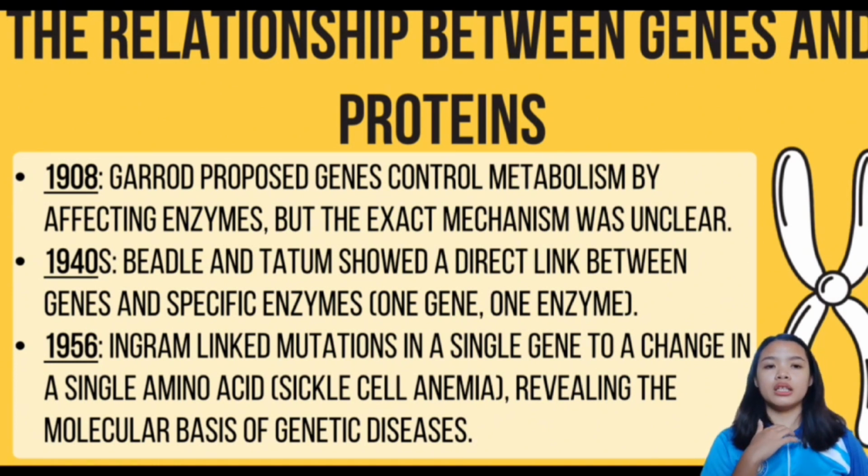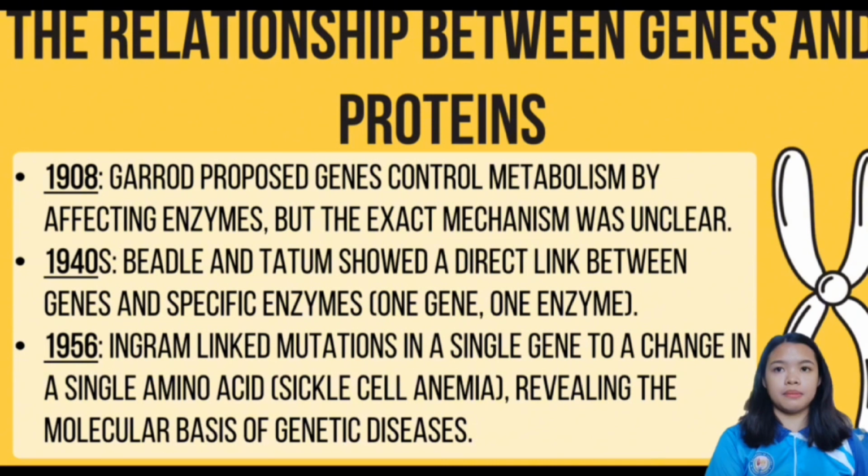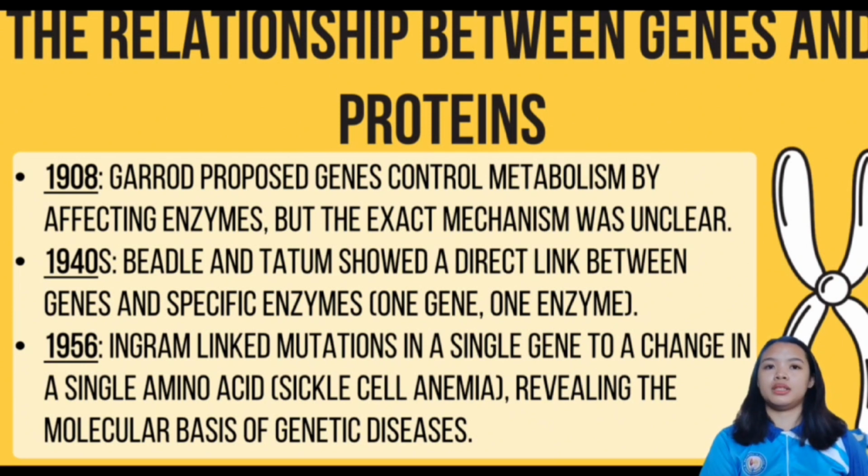So we see the relationship between genes and enzymes or proteins. The job of enzymes is to help the metabolism process inside our digestive system, so the genes control it by affecting our enzymes.